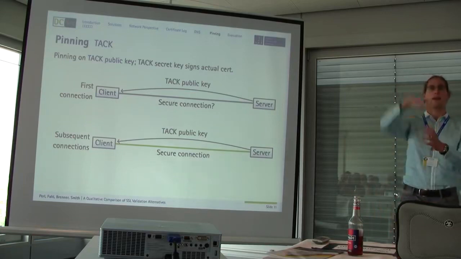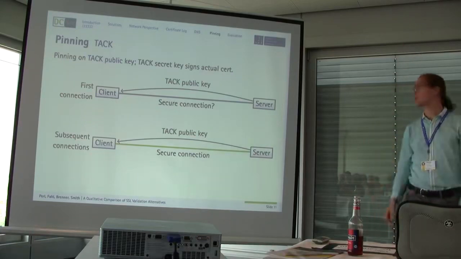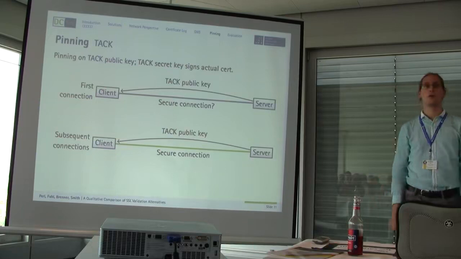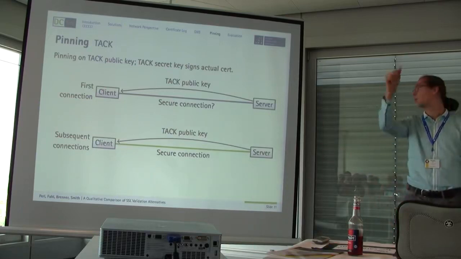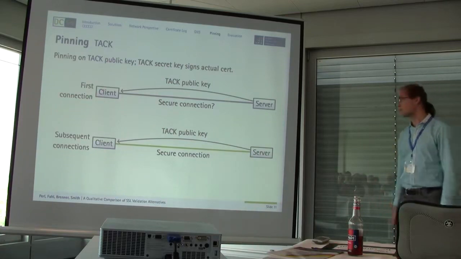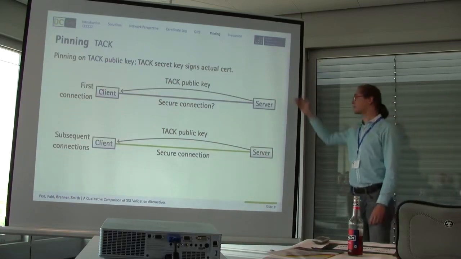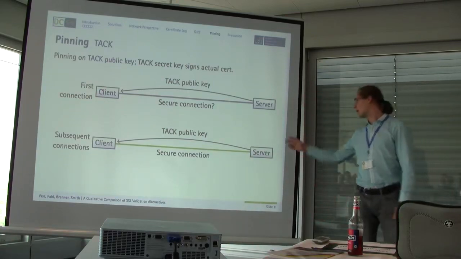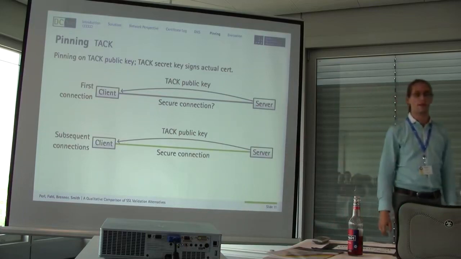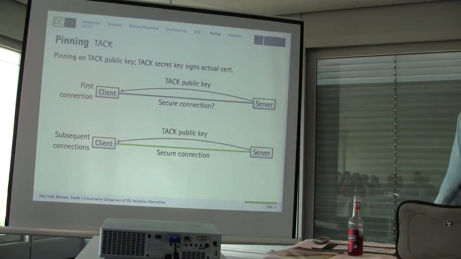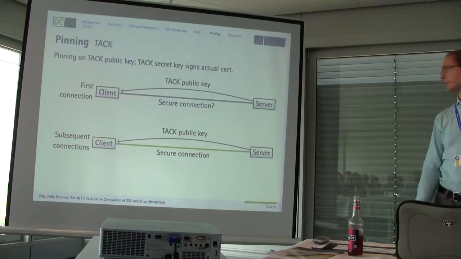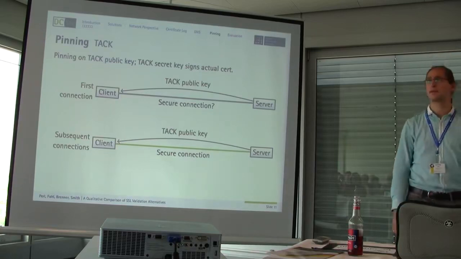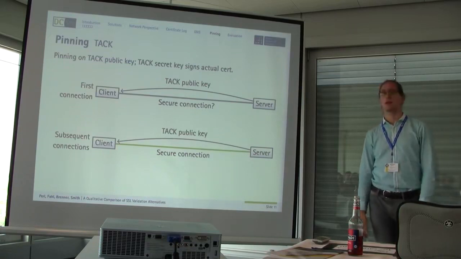So that's why we have an extra layer of tag keys along with the many certificates. So for one domain, I can have many certificates, but I have one tag public key. So the first connection is insecure. Connections after that are secure because the client validates that the certificate is signed by the tag private key.